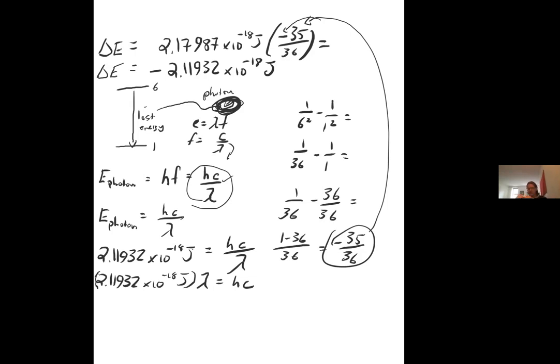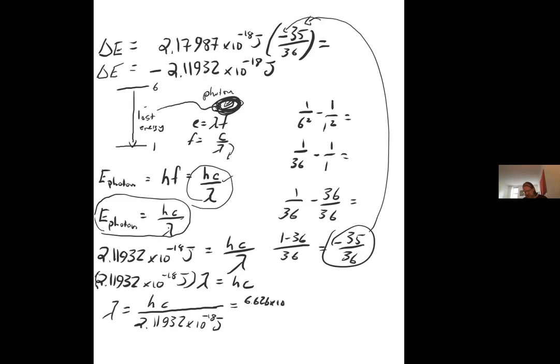And then we're going to divide both sides by E. So lambda would be hc over your 2.11932 times 10 to the minus 18 joules. Okay, hc over E, right? So if you start with this one and you're trying to find lambda, you should end up with hc over E.